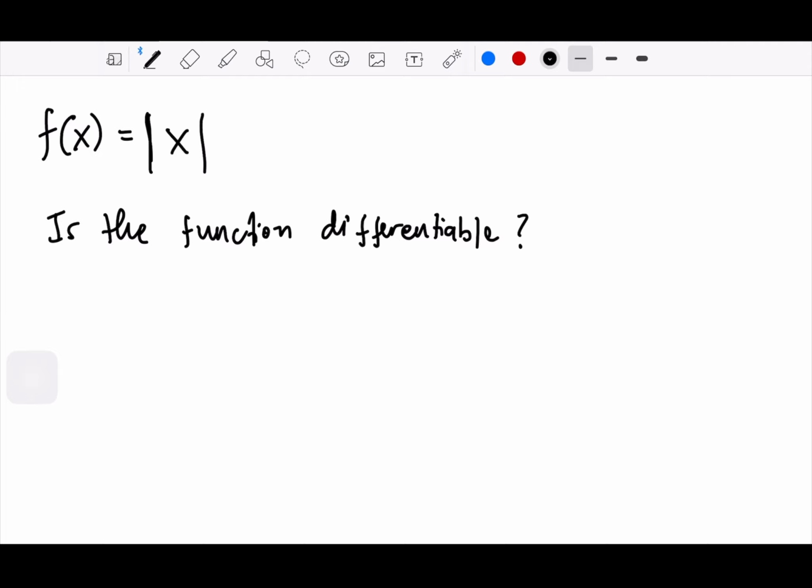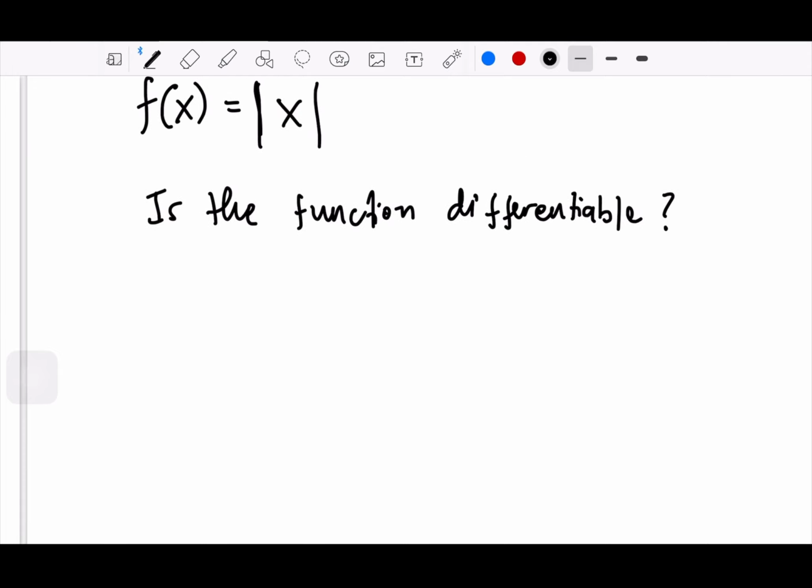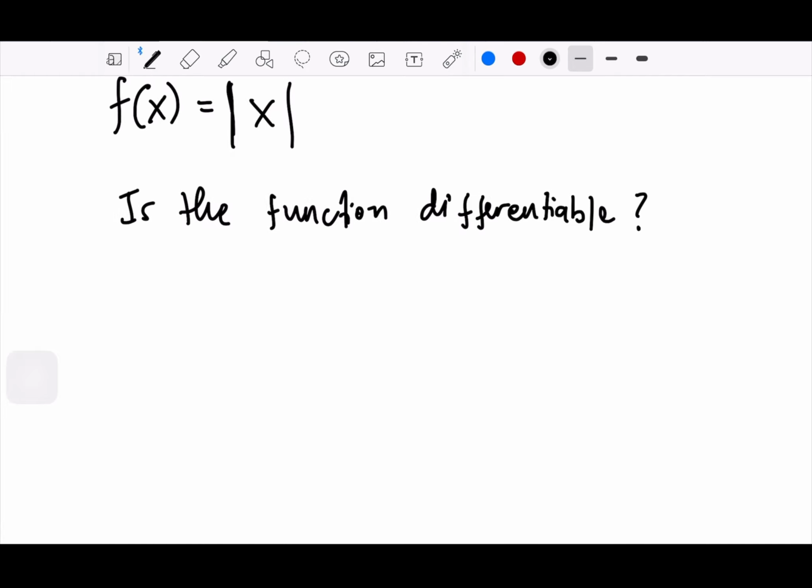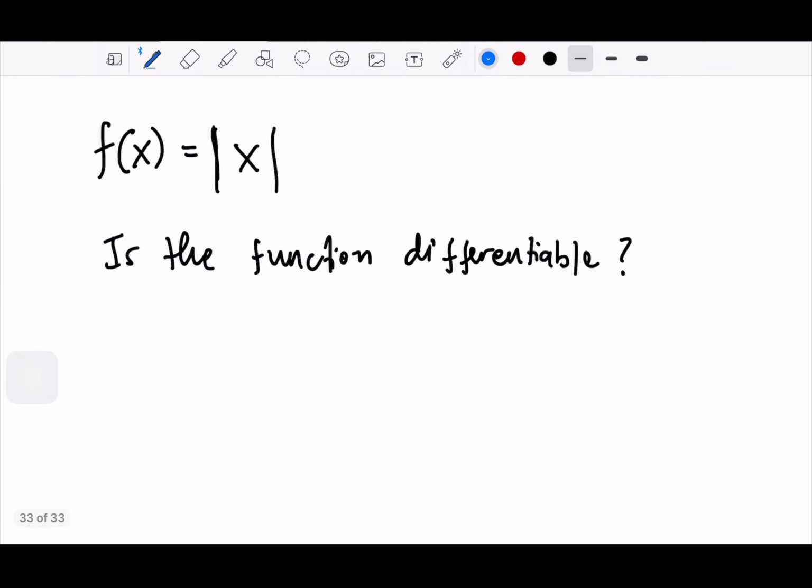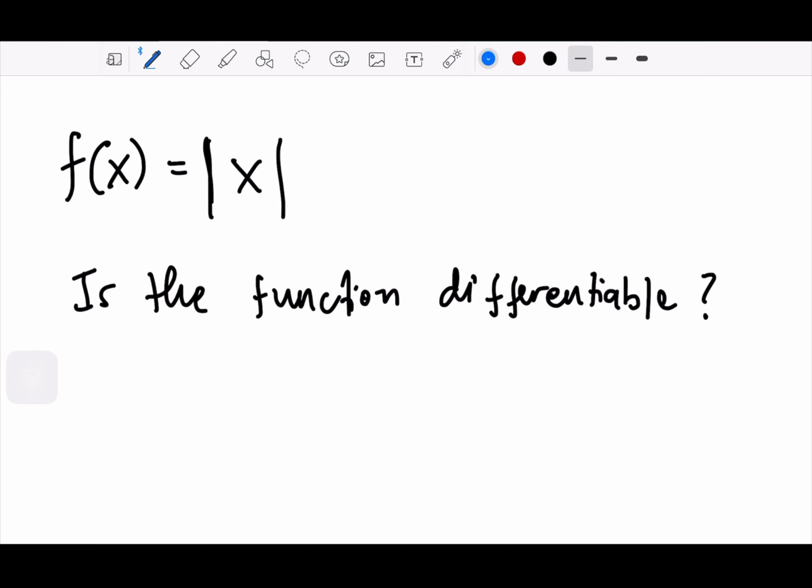But let me show you. If we start looking at the function itself, we know that we will have at least two conditions, right? Whether x is positive or x is negative. So when x is positive, the function will be just x.